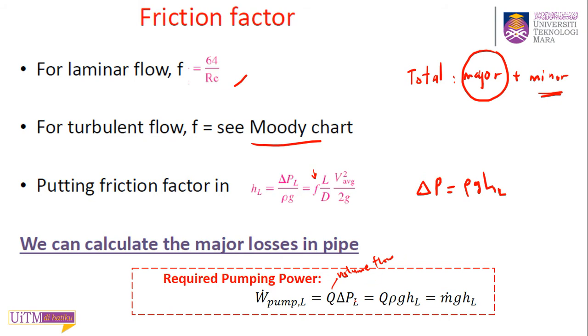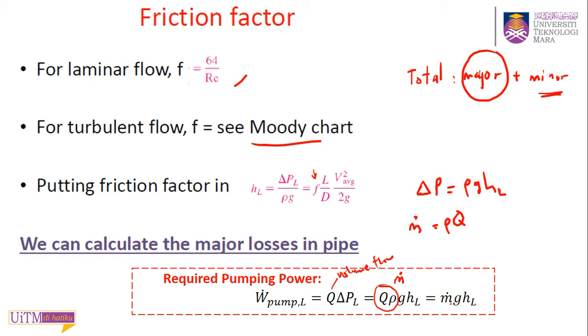You can substitute delta P_L with rho g h_L, and we can also substitute rho Q with m dot, because in the continuity equation the mass flow rate is equal to rho times Q. This is why it is written m dot here.